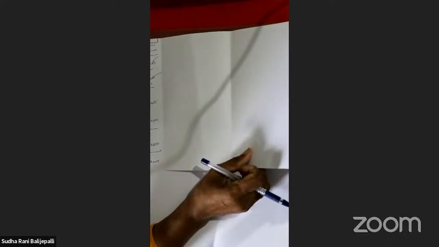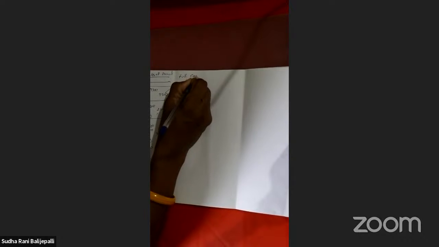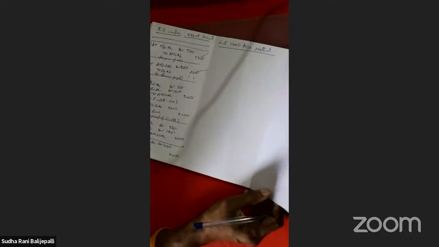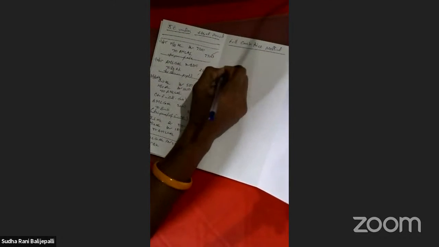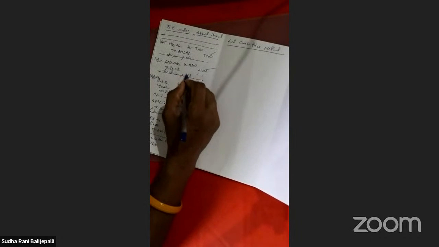Now the same thing under the next method, which is the full cash price method. Here we will not show the cash payment, only the interest amount. These two entries are the same: machine account debit to Automated Machine Limited Company, and vendor account debit to bank account.